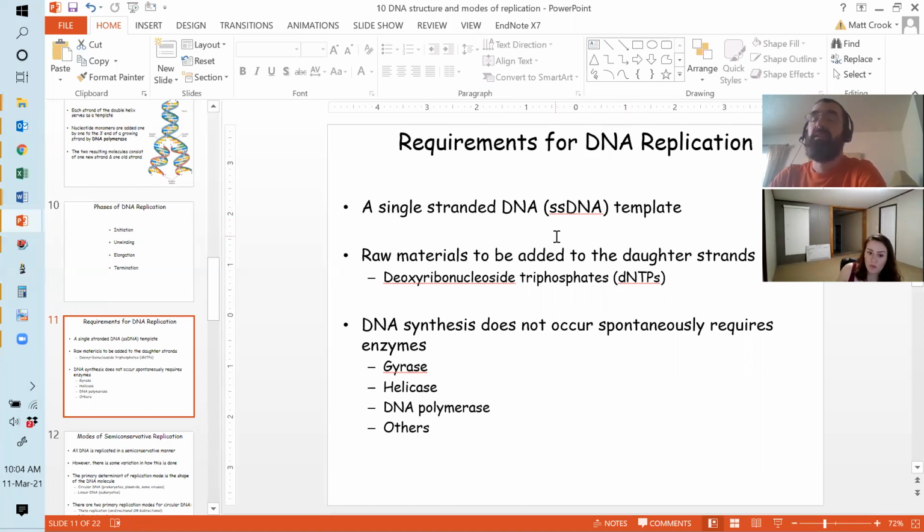We obviously need single-stranded DNA as a template, right? So we need to be able to pair up new nucleotides with an existing strand, using that as literally the template to stick them to. And we need a whole ton of dNTPs, right? So these are our incoming nucleotides that are going to get incorporated into the daughter strands.